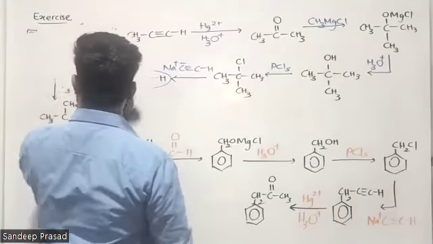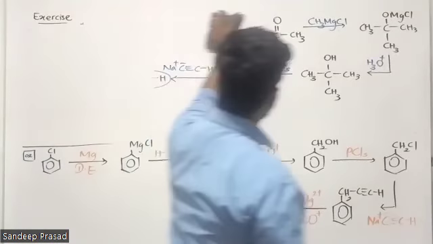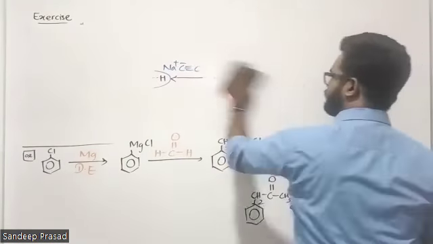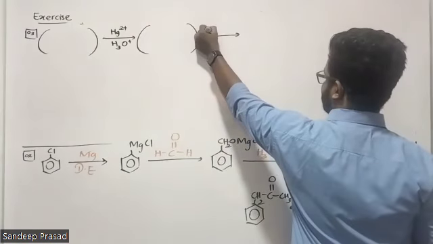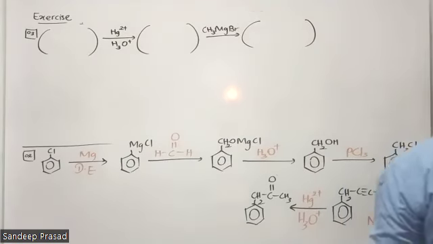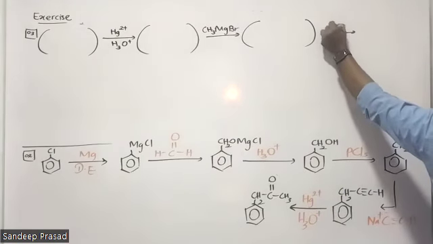Third one. Quickly go to the third one. So in the third one, what we can do is we can go for the reverse. Mercuric cation, H3O plus from the reagent. Grignard reagent is added, CH3MgBr. Then H3O plus is added.